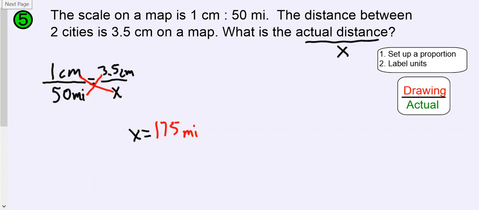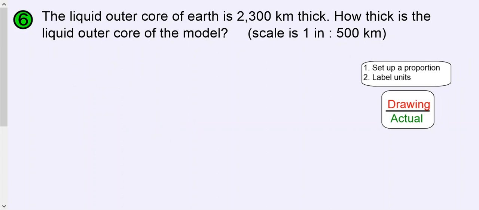Alright, let's move to the next example here. It says the liquid outer core of Earth is 2,300 kilometers thick. How thick is the liquid outer core of the model? The scale that we are working with is 1 inch to 500 kilometers. So we have the drawing over the actual.